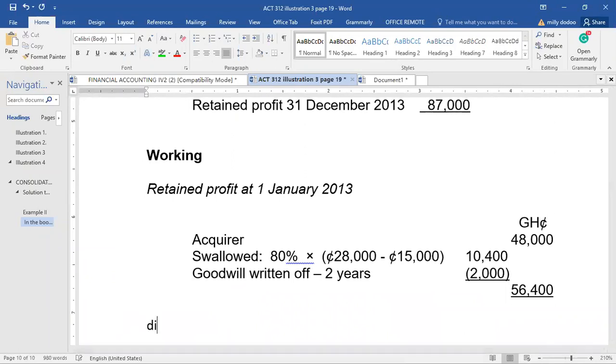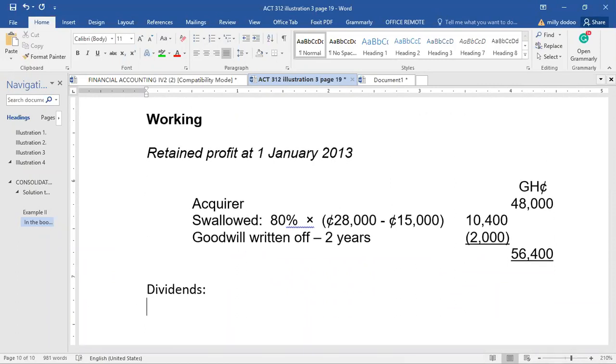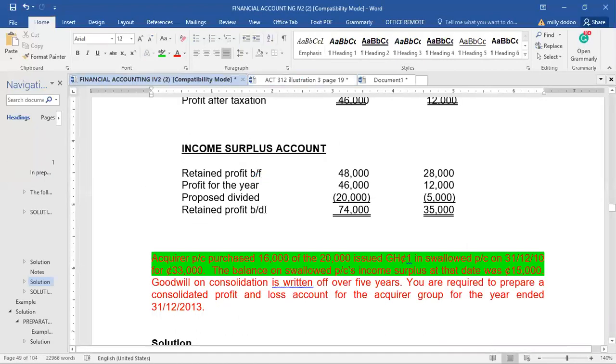So dividend. Now we know that Swallowed declared how much dividend? Go to the income surplus. That's why they gave you this particular income surplus.